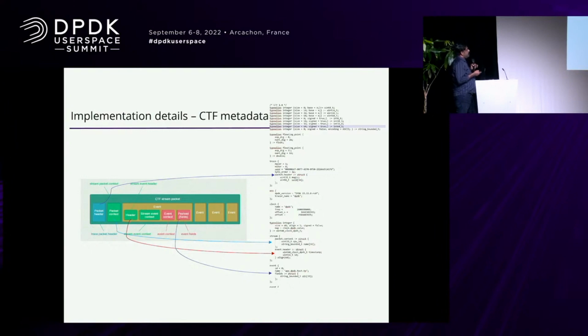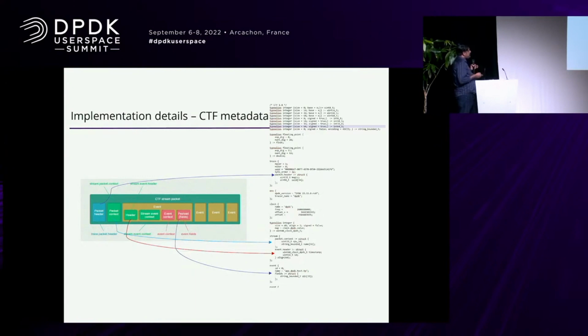So the first section defines what the data types look like, how the string type looks, how the floating point looks, and how the double data type looks. This is quite generic. I think all metadata files will have this because it's a common thing, so we pull that in.